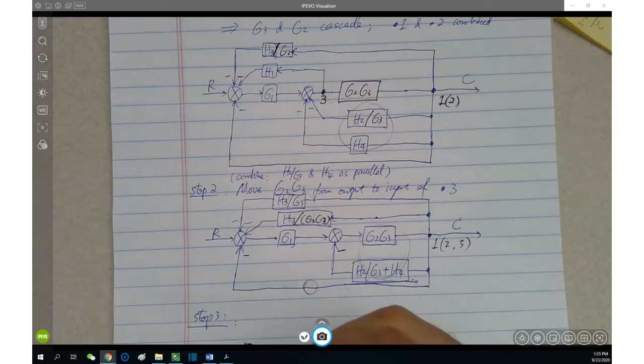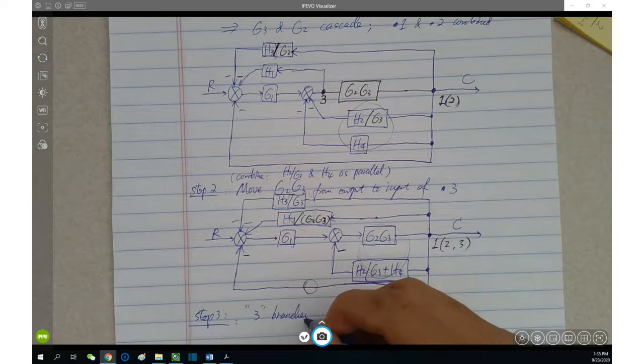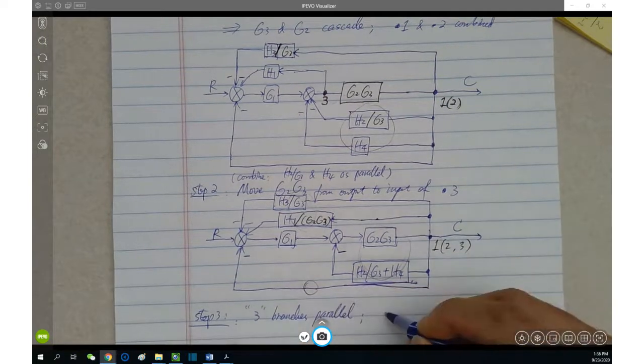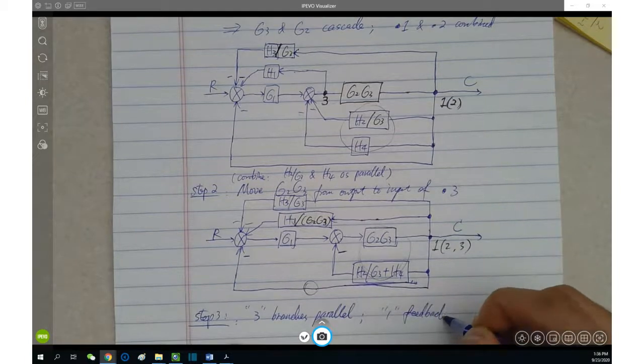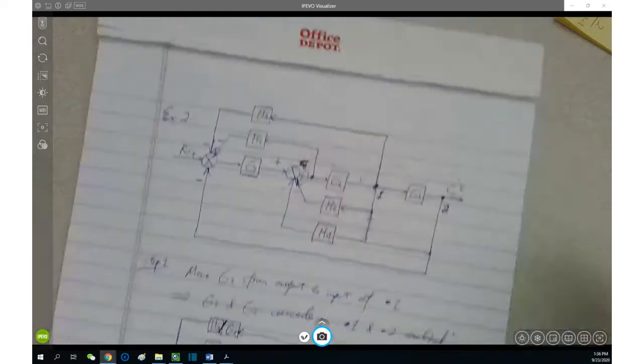Okay, so we can do this. So 3 branches start out, and also 1 feedback. Right. And then the result.